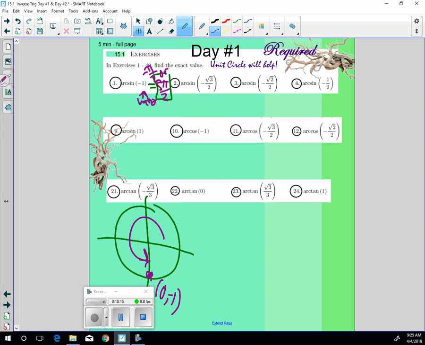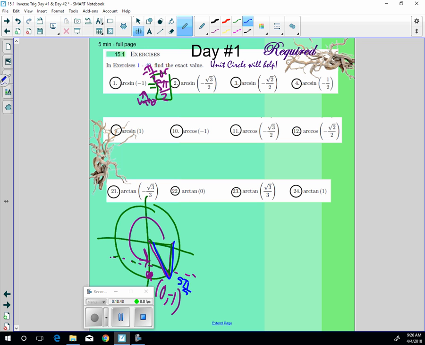Arc sine of negative square root of 3 over 2. So, okay, negative square root of 3 over 2 is going to be down here. So that one is going to be what? I like to do it this way. The sine is negative square root of 3 over 2. So you go down here. And this is either 11 pi over 6 or 5 pi over 3.